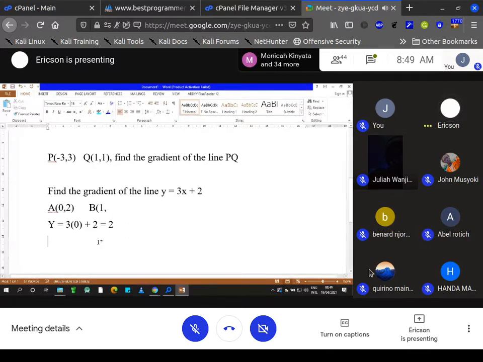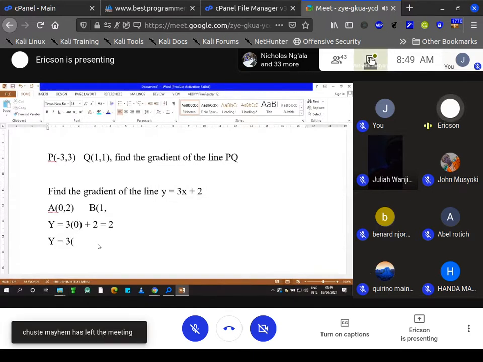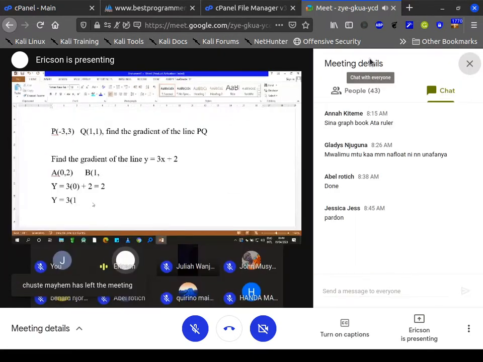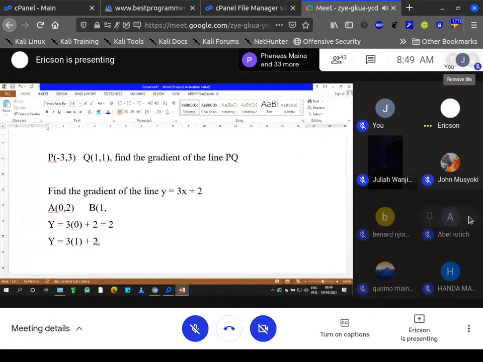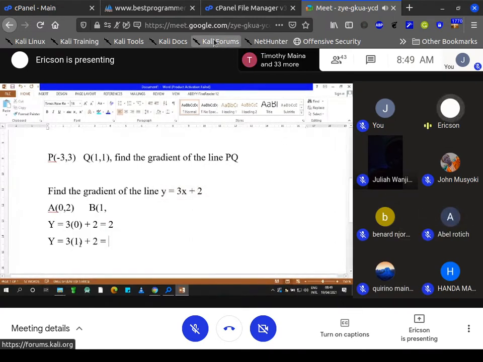So what will be the y value? y will be 3 multiplied by 1. X is 1 here. Add 2. 3 multiplied by 1 is 3, plus 2, 5. So here the y value will be 5.